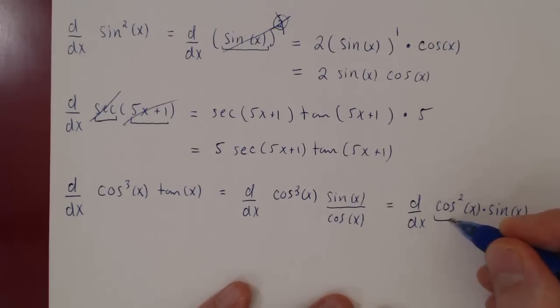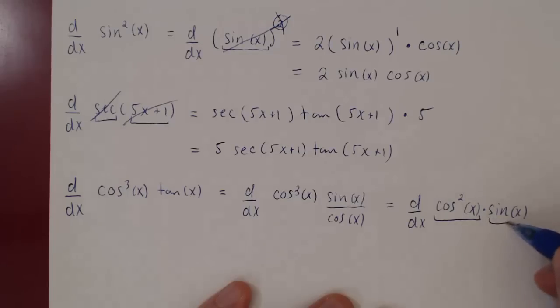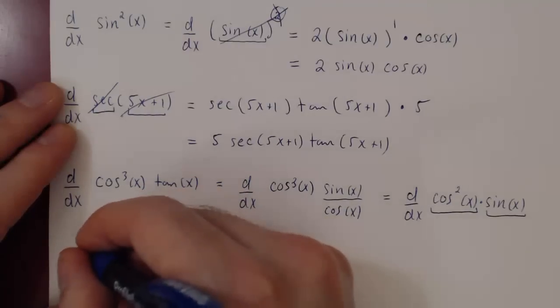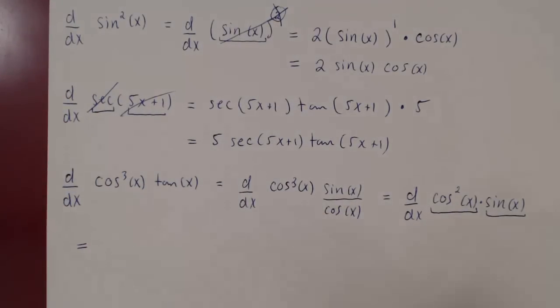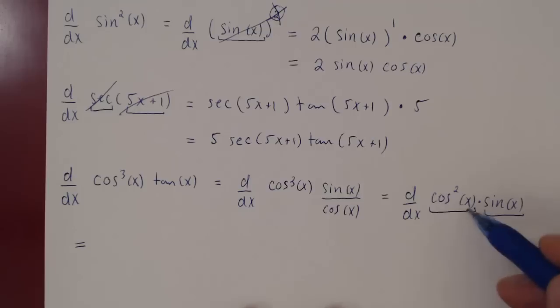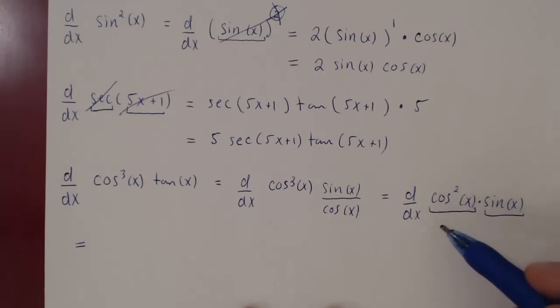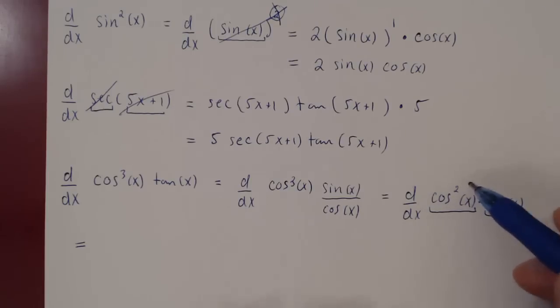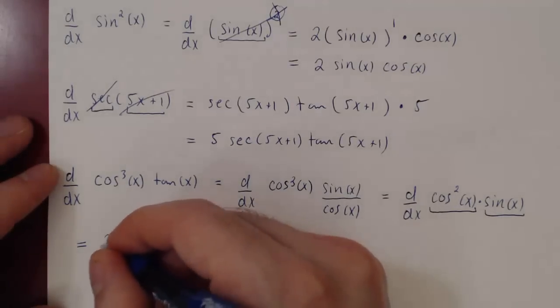The first function is cosine squared of x. The second is sine of x. Let's differentiate. By the product rule, what we need first is the derivative of the first function. And be careful here. To differentiate cos squared of x, we have to use the chain rule. This is cos of x all squared. Differentiate the outside function first, the power 2 function. Bring 2 down.